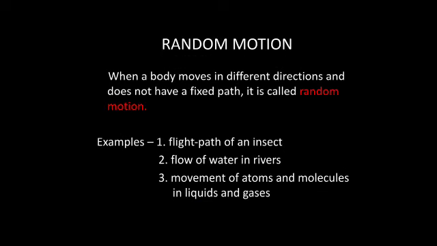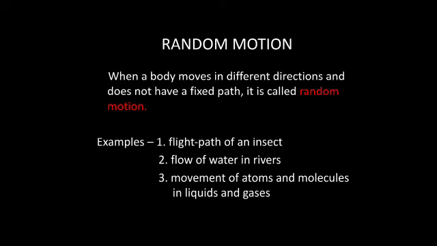Now, the fourth type, that is the random motion. When a body moves in different directions and does not have a fixed path, it is called random motion. Remember the activity that we performed for the ant, that is activity number 6 in your book. The path followed by the ant is not fixed, isn't it?